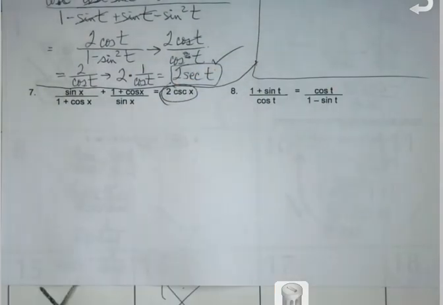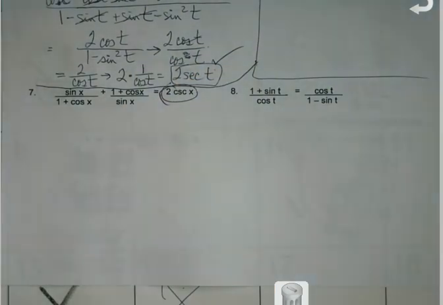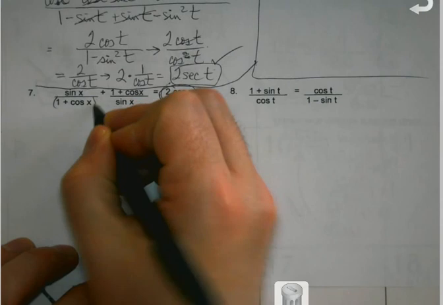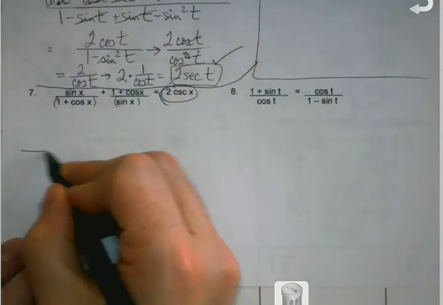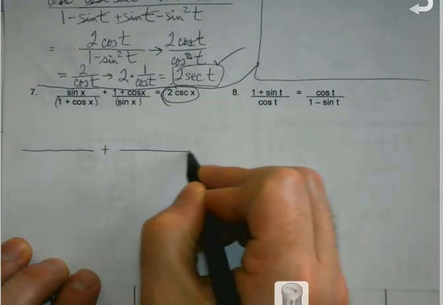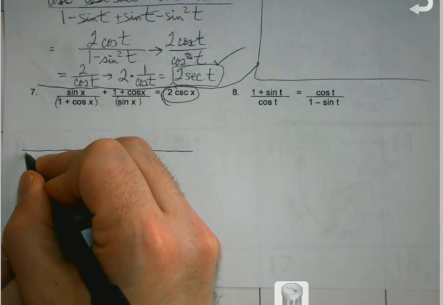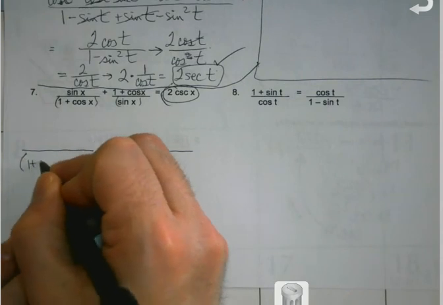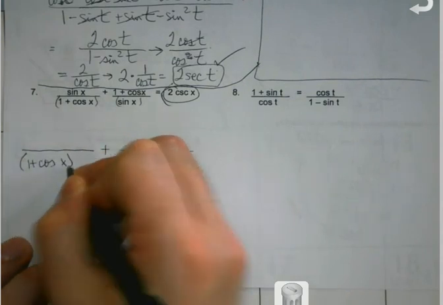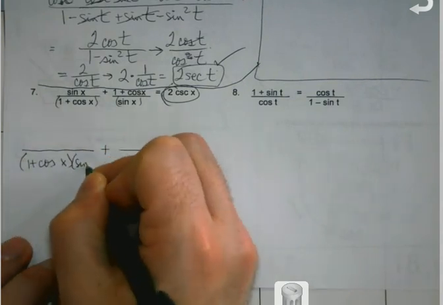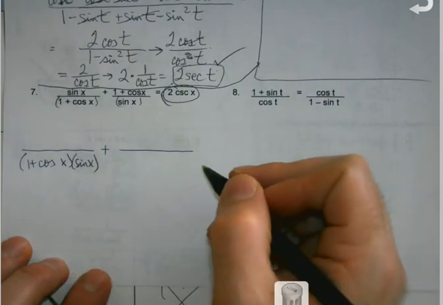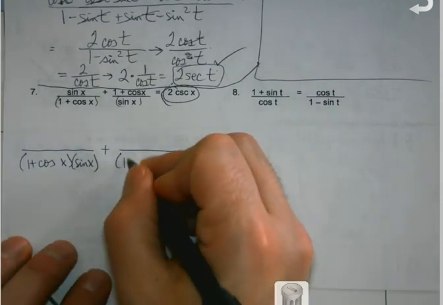All right, there's what we're shooting for. You're like, everything is sine and cosine already. That's true. So we're going to go a fraction building. My fraction consists of both of my current denominators.